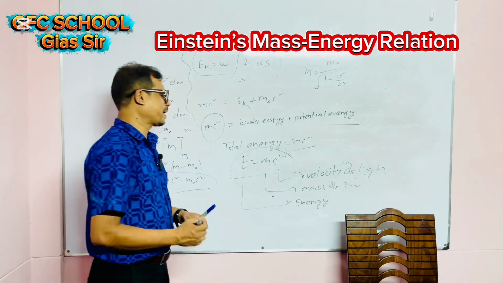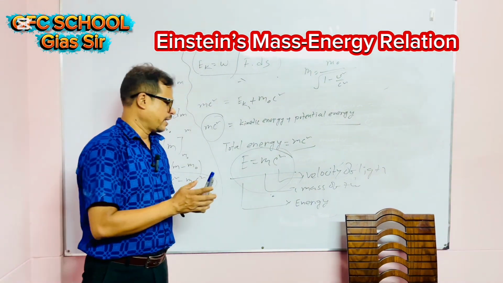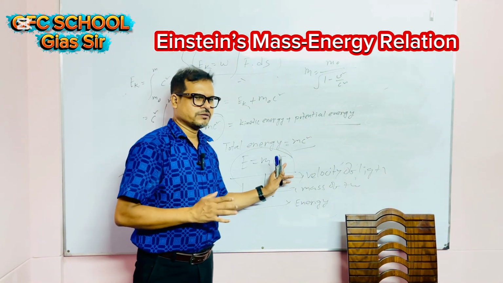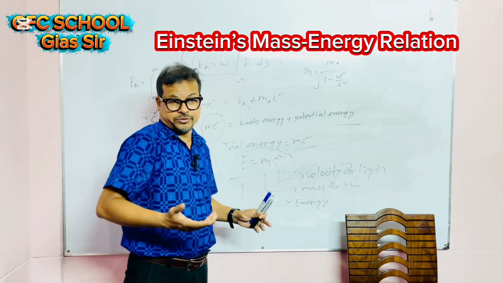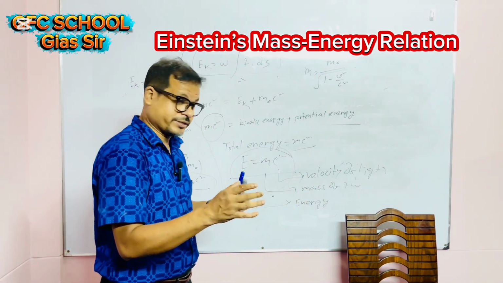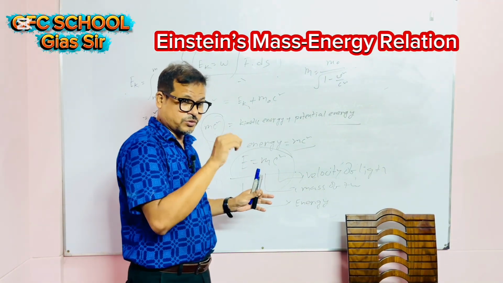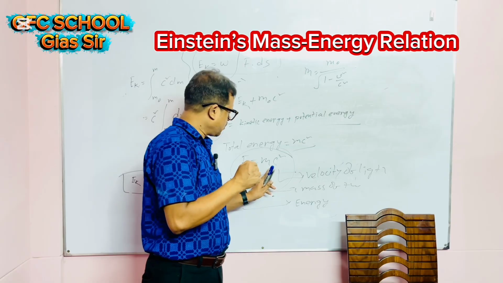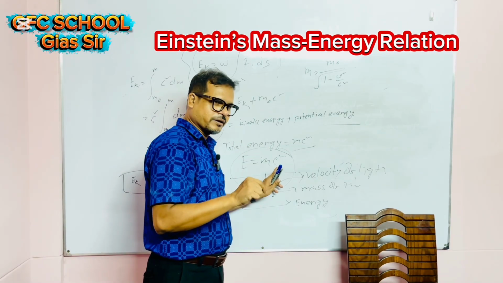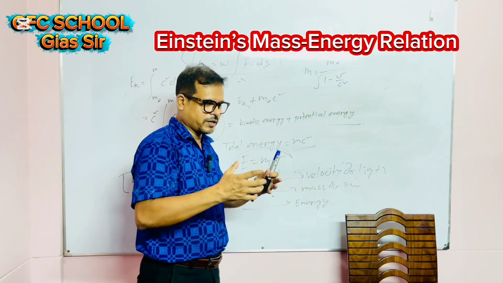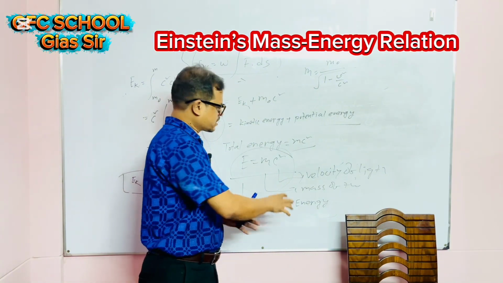That means we can convert any object into energy by this formula. Just we have to know the velocity of light and mass. If you think of any type of object and try to convert that object into energy, just use this formula and put the value of the mass of that object and the velocity of light, then you get how much amount of energy you have produced from that object, just using this formula.